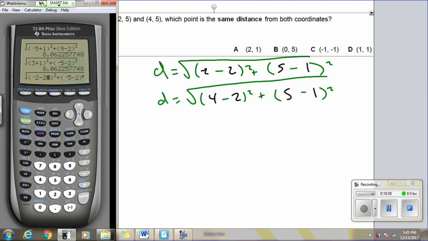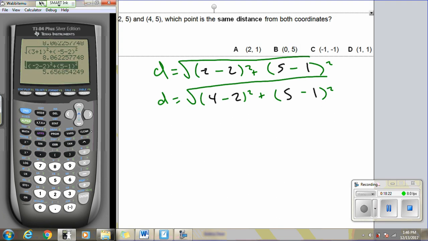Let me delete this. That doesn't belong. I need a positive 5, so delete the negative, minus 1. All right, I got that answer.